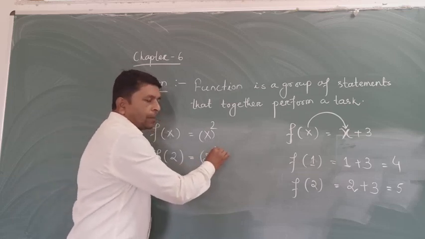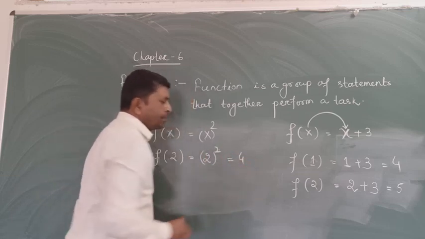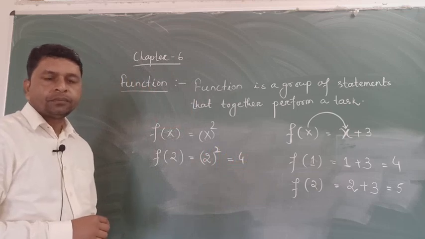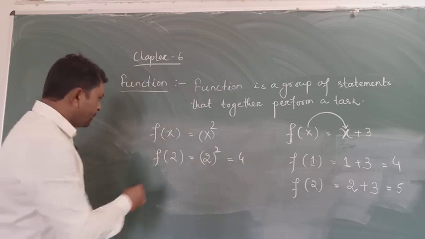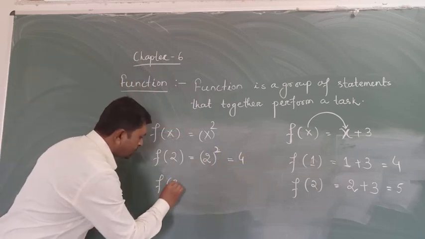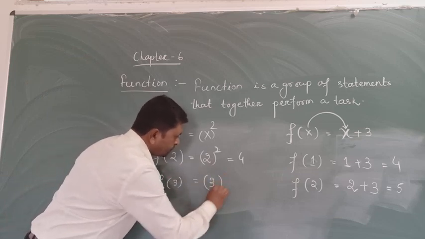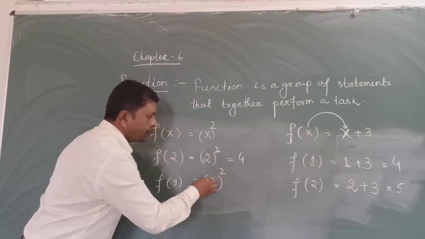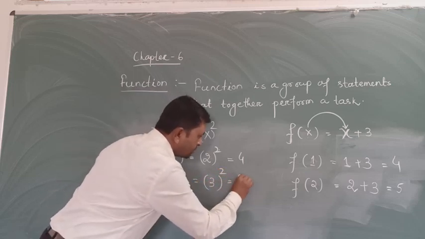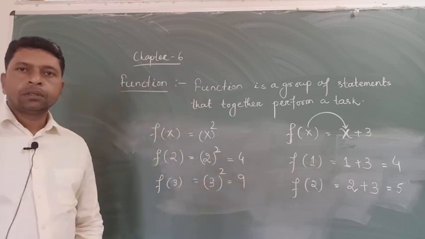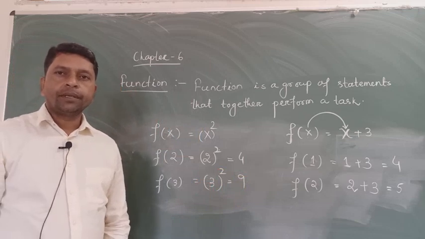So 2 to the power 2, and the result becomes 4. Then f of 3 is reflected here, and square, which gives 9. 3 square gives 9.